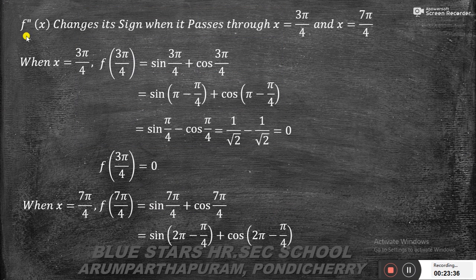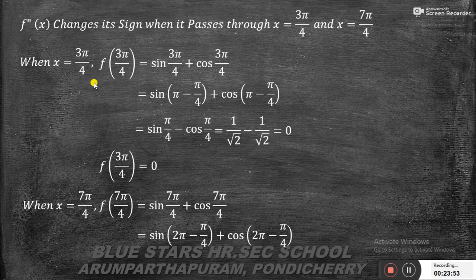Next, f double dash of x changes its sign when it passes through x equal to 3 pi by 4 and x equal to 7 pi by 4. You see the table: minus, plus, plus, minus, the sign changes.